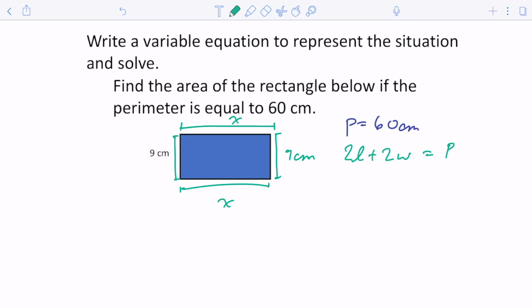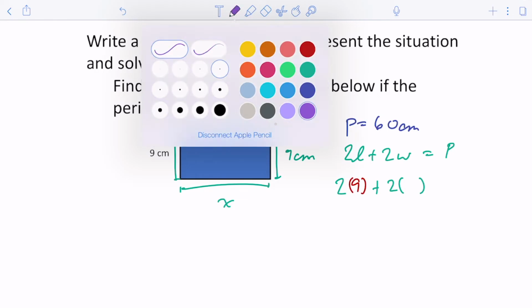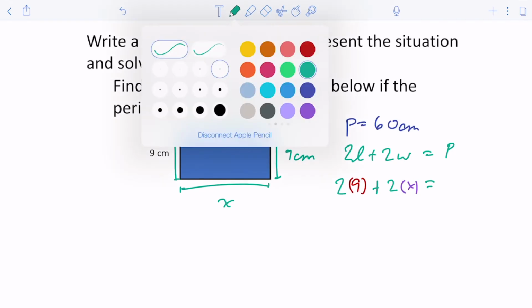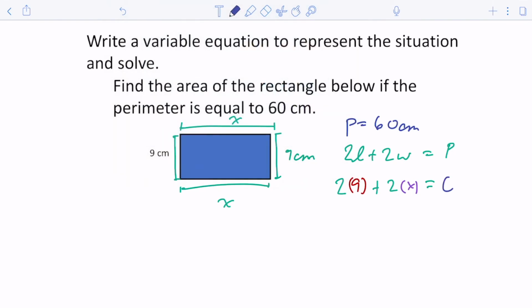So we'll say 2 times the length, which is 9, plus 2 times the width, which is x, and then equals the perimeter, which is already given as 60. Okay? So now we can reduce this to figure it out. All right. So 2 times 9 is 18, plus 2 times x is just 2x, equals 60.